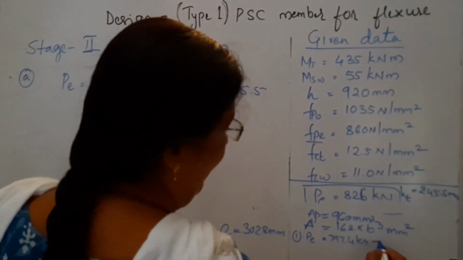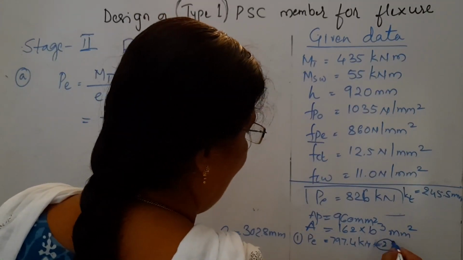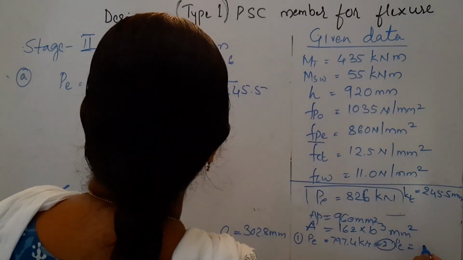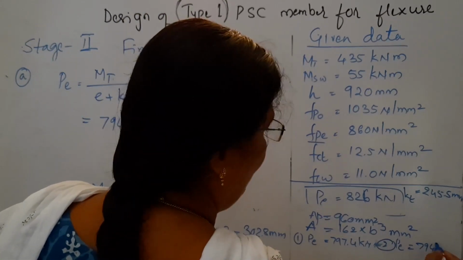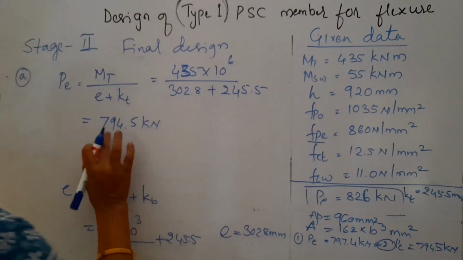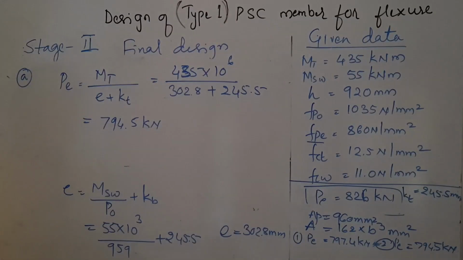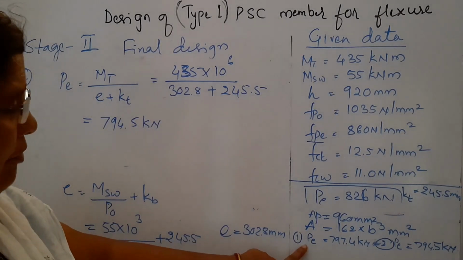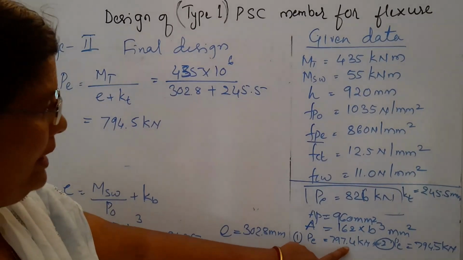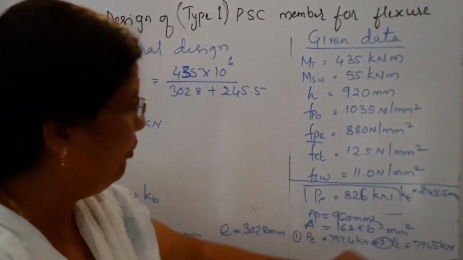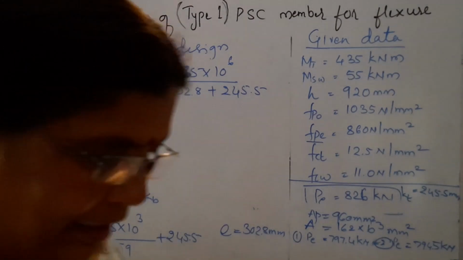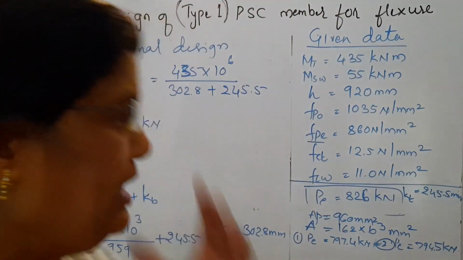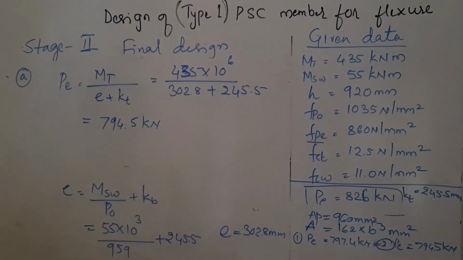Now we have got one more value, the second PE is equal to 794.5 kilonewton. Now we can say that these two are approximately equal. That is, in the first design PE was calculated as 797 and now it is 794. They are equal approximately. Here we can stop, and then we have to calculate the area of the steel provided and check for the area of the section.